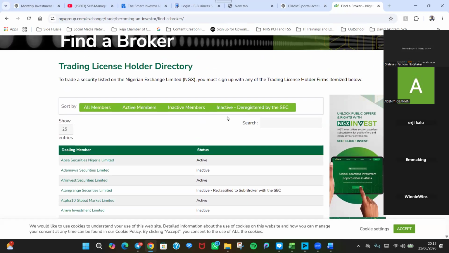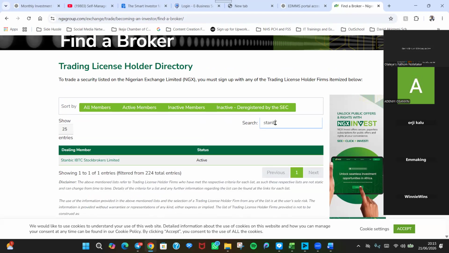But if you want to search for a specific one, you put the name in the search box. So let's say I want to search for Stanbic. Okay. Then it says dealing member, Stanbic IBTC Stockbrokers. Status, active. That means Stanbic IBTC is still active, and that means they are in good standing with the NGX group.